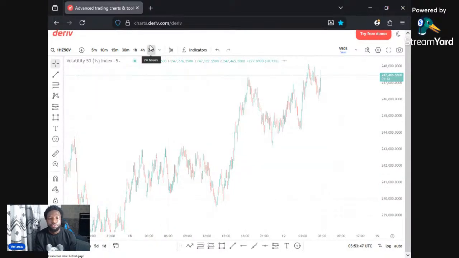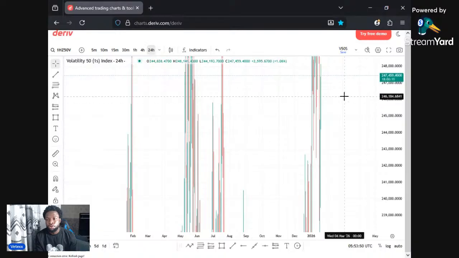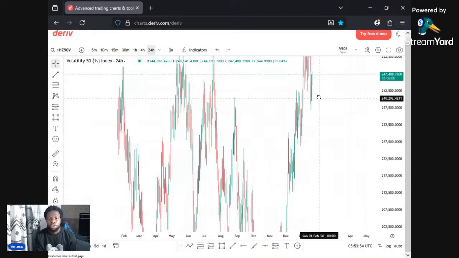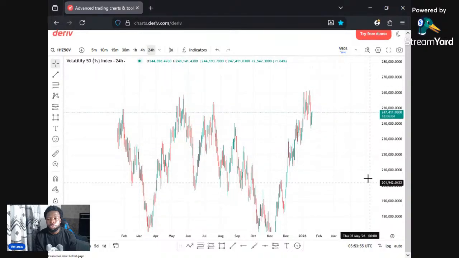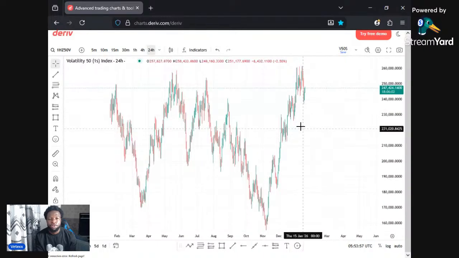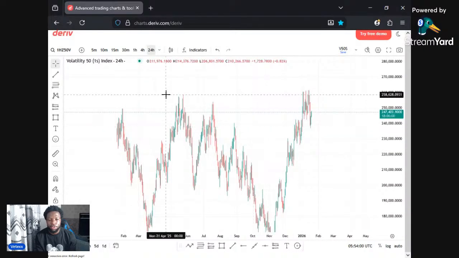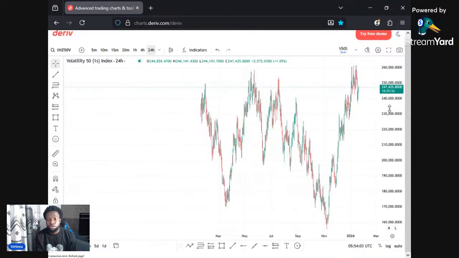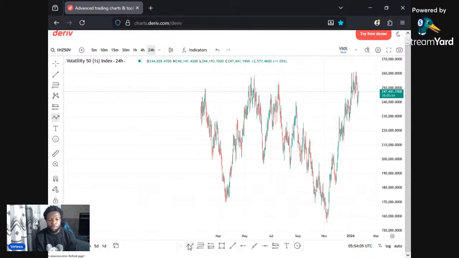On the weekly time frame, price was bullish, and if you check your MT5 on the weekly time frame, you'll see that price was bullish, but it has taken out the target. This was the target on the weekly time frame. If you go to the weekly time frame, you will see something like this.